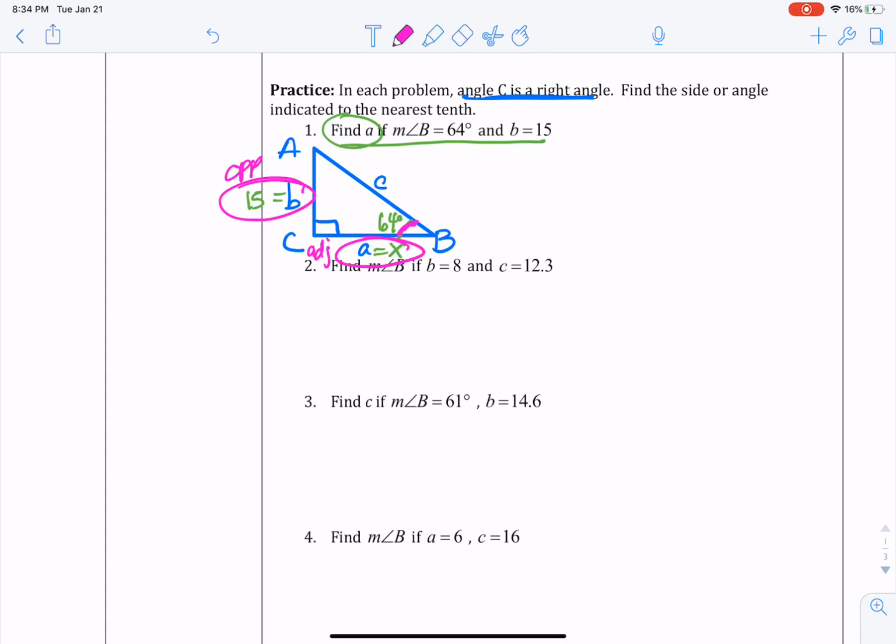So using SOHCAHTOA, I have O and A, that's TOA.